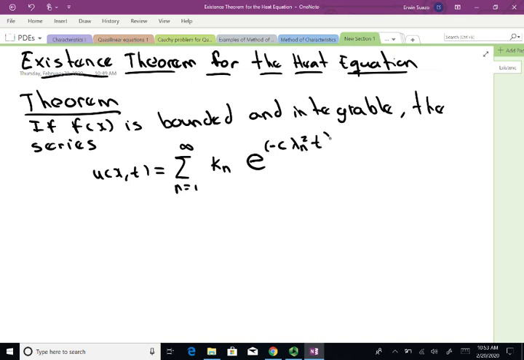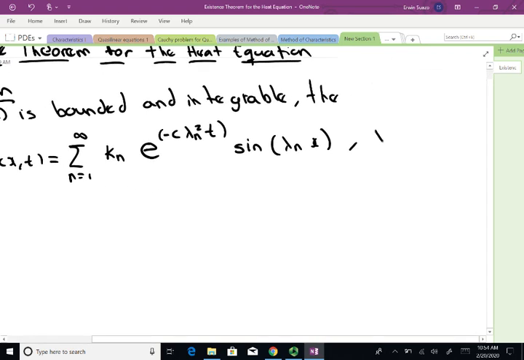I'm going to show you in a second what this c is. Times sine of lambda_n x, and we know lambda_n is n pi over L, right?